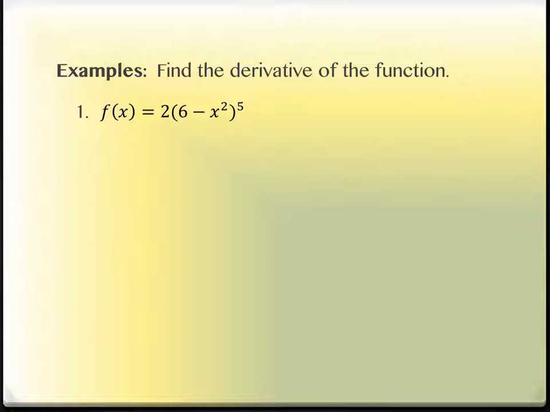So we're going to do some examples. The idea is to look at, and this isn't the only way to think about it, of course, but I tend to look at what's in parentheses. Whatever is in parentheses, or if my calculator would force me to use parentheses, whatever's in the parentheses is my inside.